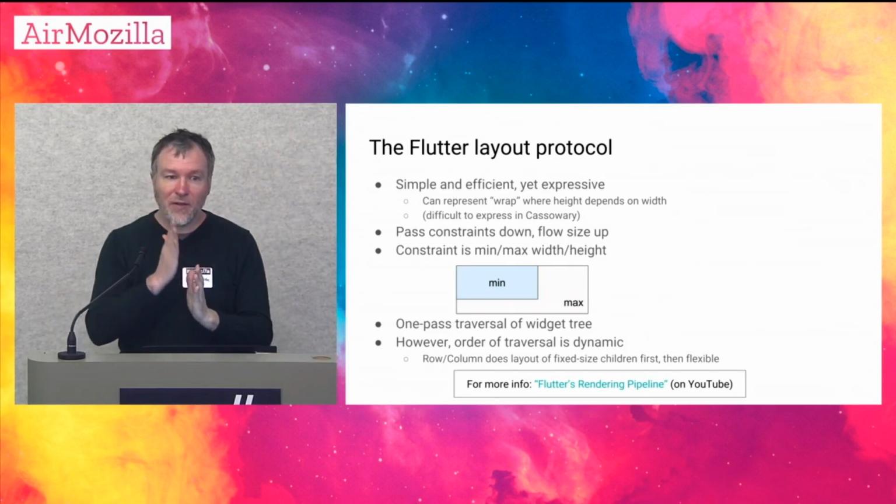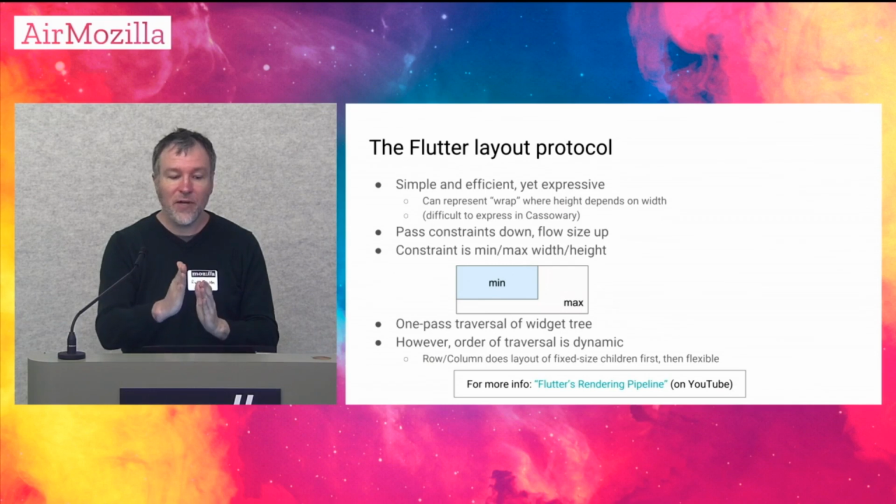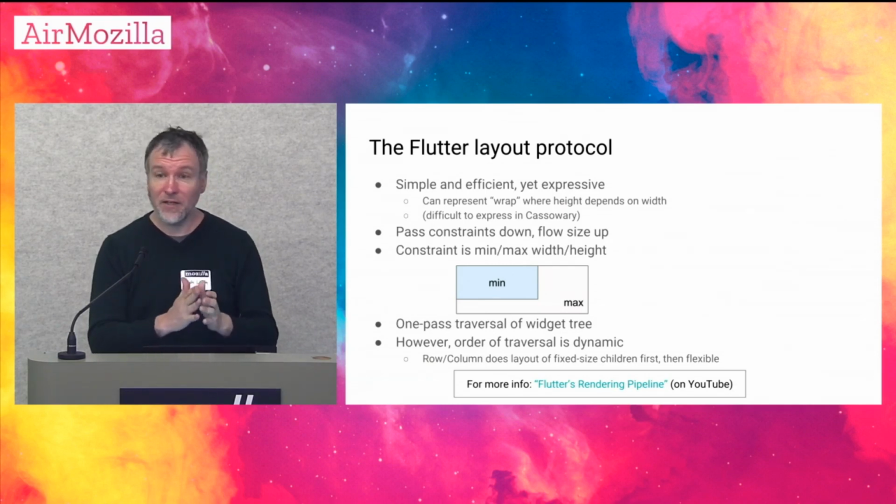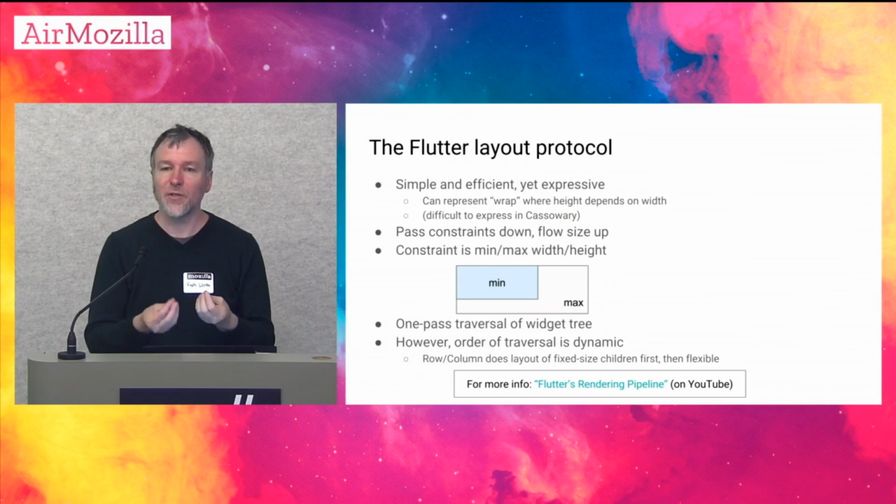And so that concept of a break, which is not continuous, is a test of how expressive your layout system is. There's a lot of interest in things like Cassowary, which is a linear constraint solver, and it's kind of difficult to express those things.